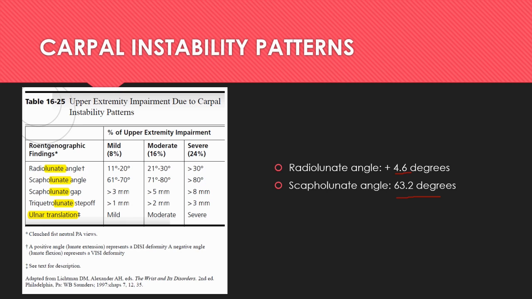Remember, the AMA Guides provide for a negative 10 degrees to a positive 10 degrees normal range of values, with the first level of impairment, a mild impairment, coming in when either of those angles exceeds 11 degrees. So this was 4.6 degrees, well within normal limits. The scapholunate angle, on the other hand, came in at 63.2 degrees, qualifying as a mild carpal instability.